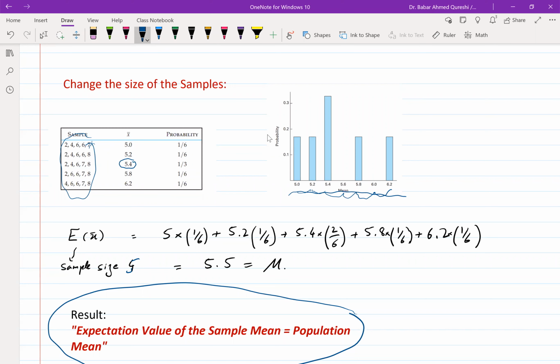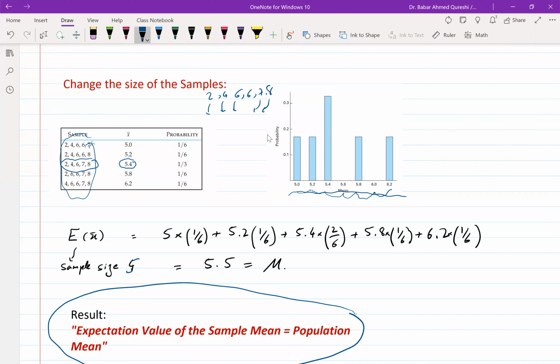Because in the population, I had two sixes. So when I pick, there's a possibility that I'll pick this guy, this guy, this guy, this guy, and this guy. So that will create this sample.